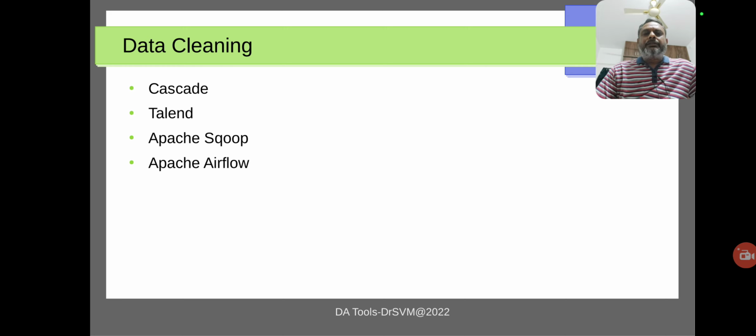These are the tools which are readily available to meet our requirements, and they just take the data and look at the problems with the data and solve the problems and get us clean data, so that the next part of the work can be done more efficiently with the least error and so on.